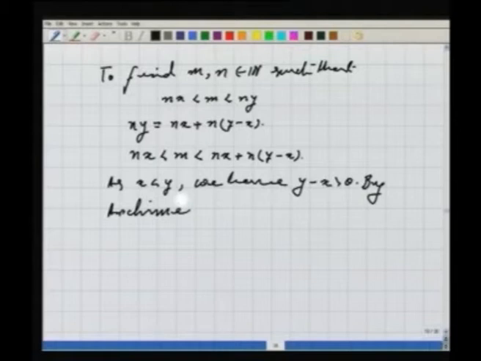That means my job is over. I have found a natural number m such that nx is less than m, which is less than ny. That in turn implies that x is less than m by n, which is less than y.